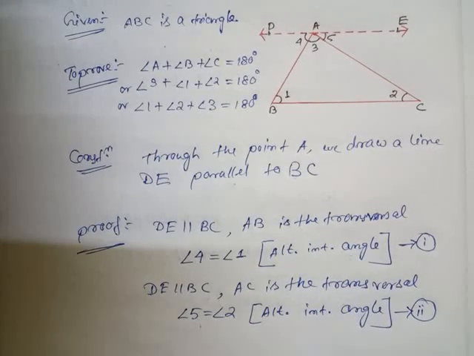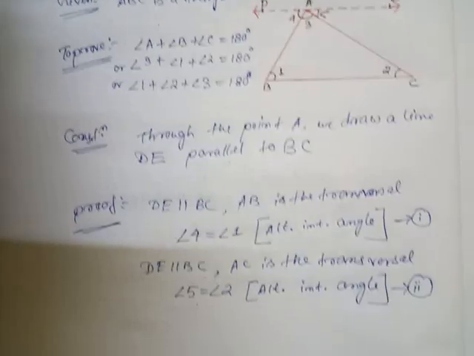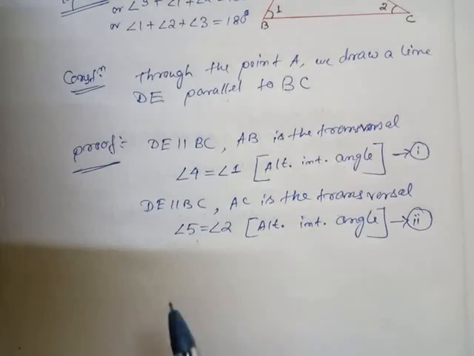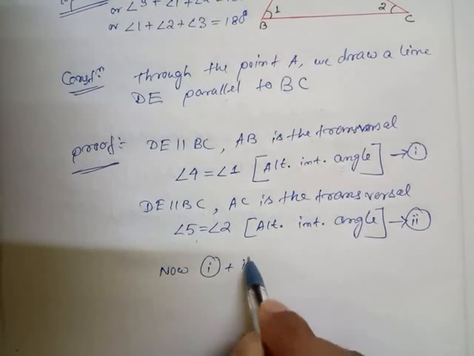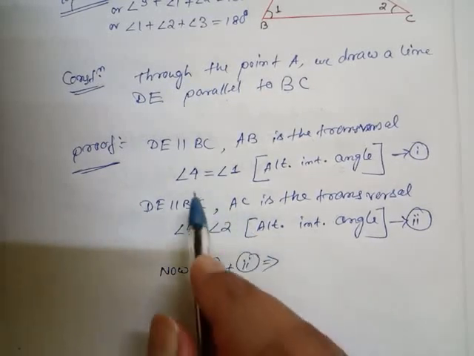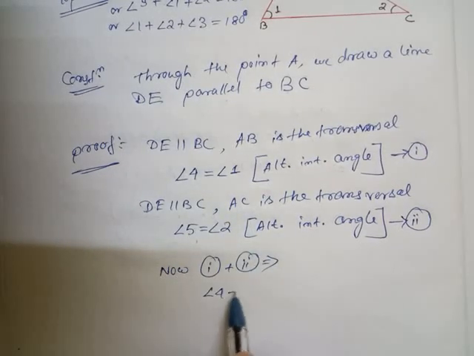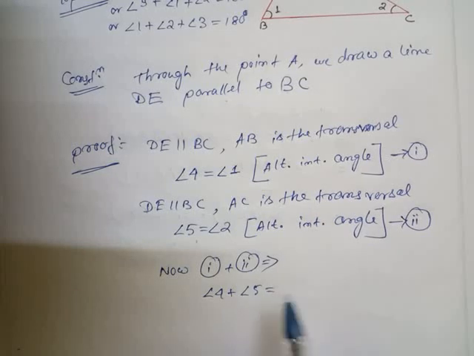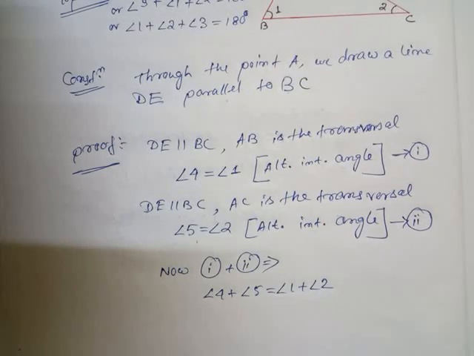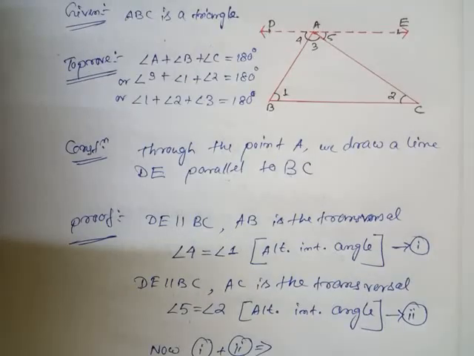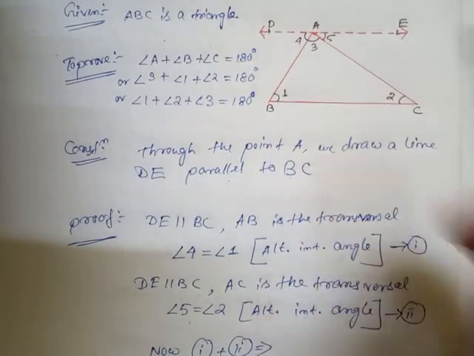Now look students, if we add 1 and 2, what will happen here? If we add 1 plus 2, then angle 4 plus angle 5 will be equal to angle 1 plus angle 2. Now look students, if we add angle 3 on both sides, what will happen?